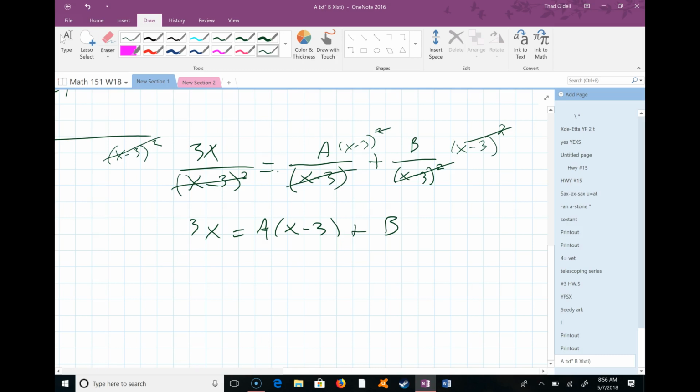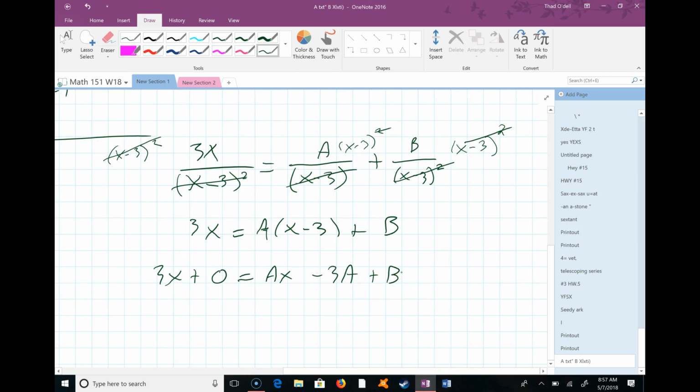Okay, so once again, I'm going to pair up the things that go together. I have a 3x plus 0 on this side, if you will. You don't have to write that every time; I'm doing that so you can see the connection. And then over here we have ax minus 3a plus b.